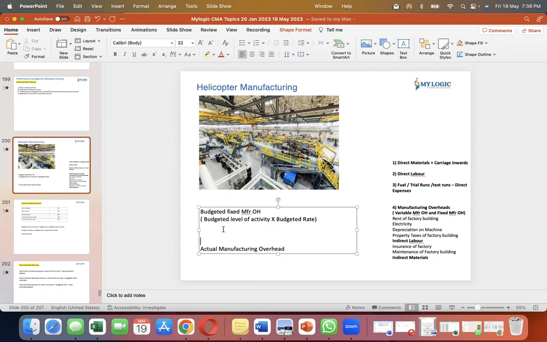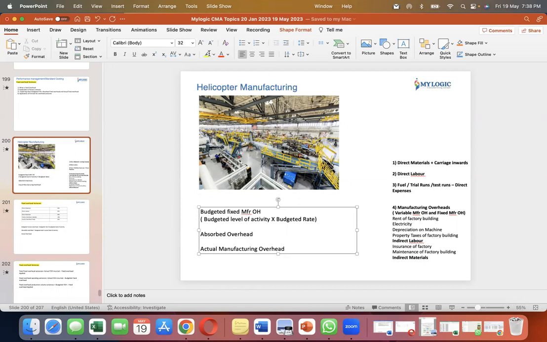Now for the interim period, what we do is manufacturing overhead absorbed. We will call it by the term absorbed overhead, which is not a reality. We can call it a myth. What we do is, listen carefully, very, very critical.